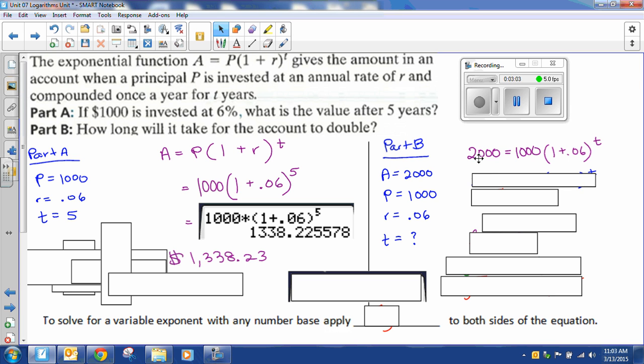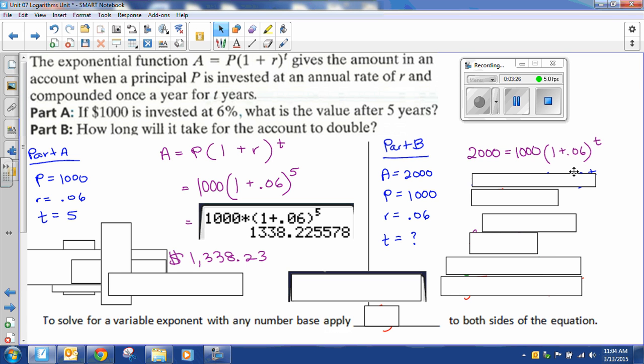So our challenge is to get the t by itself. Previously, we knew what t was, we plugged it all in the calculator, and we got our amount after 5 years. But here we're working backwards. They're saying we have $2,000, this is what you want to end up with. How long is it going to take to get there?